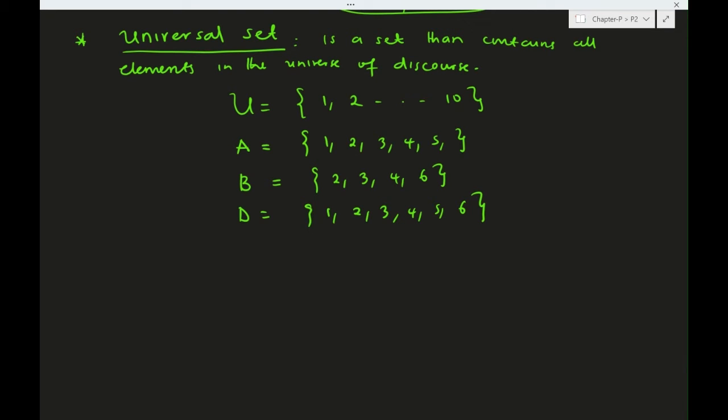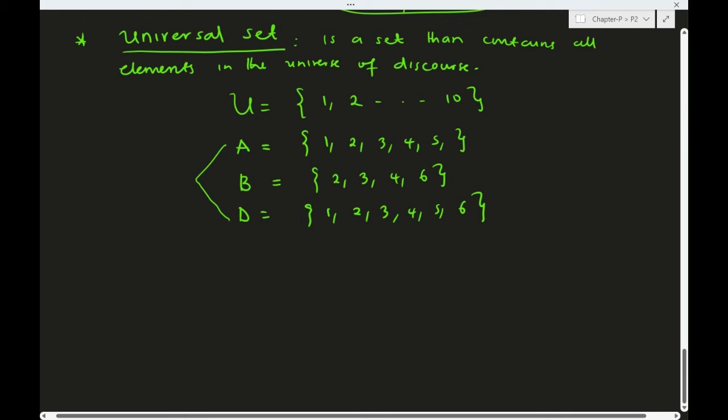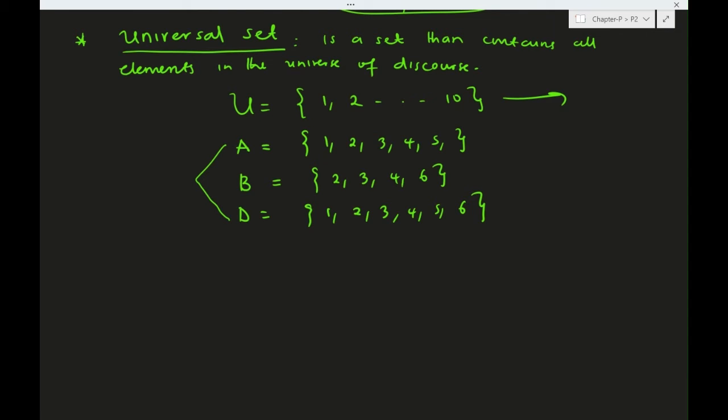Now, if you look at A, B, and D, they got all their elements from where? From U, right? So it means that U is like the mother set. All the other sets derive their elements from set U. So U is the universal set, because every other set got their elements from set U. So that's what we mean by a universal set.